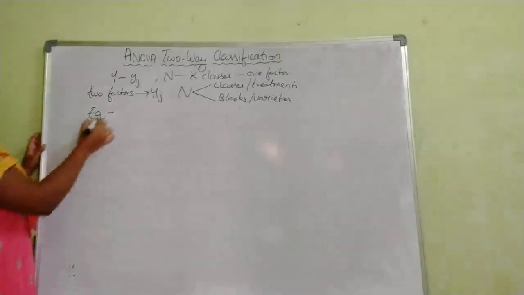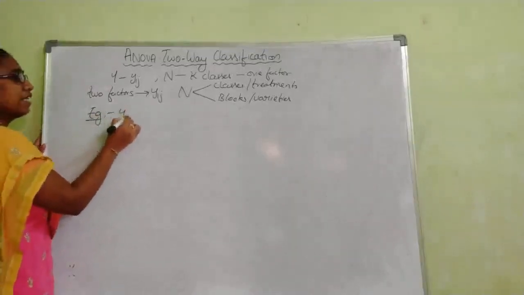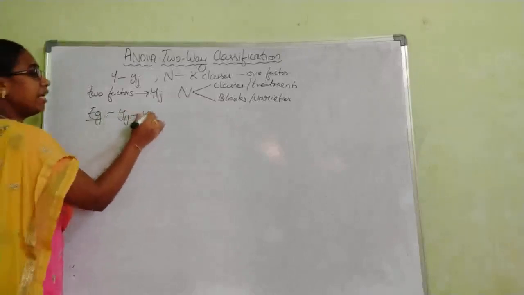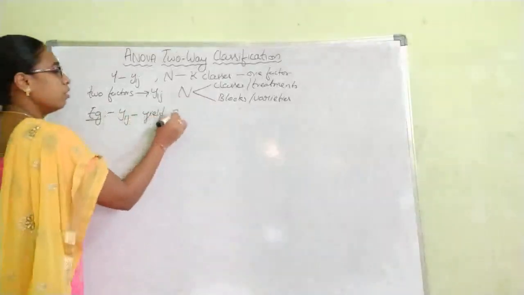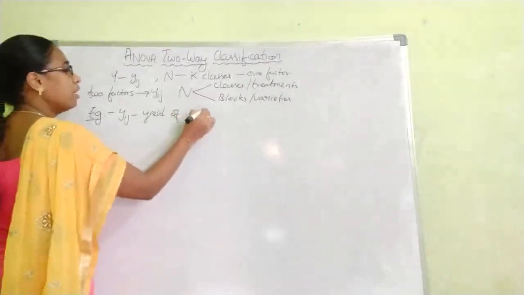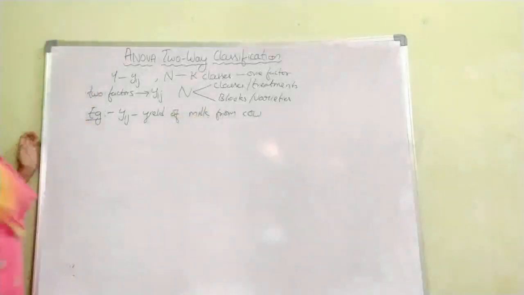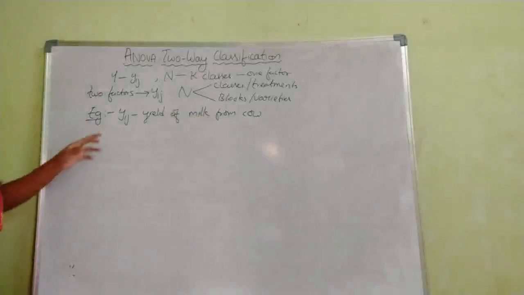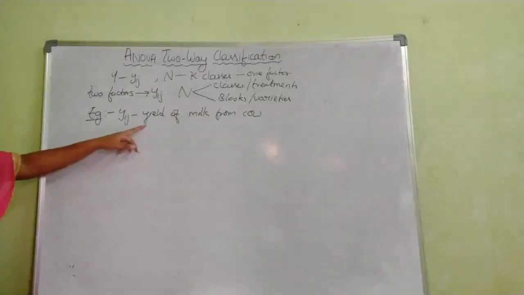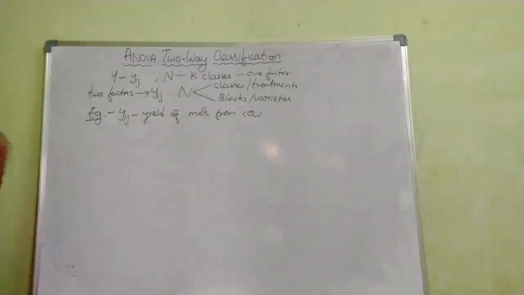So here I am considering, suppose this yij is nothing but the yield of milk from a cow. So the yield of the cow milk I am considering as the yij, that is the output.